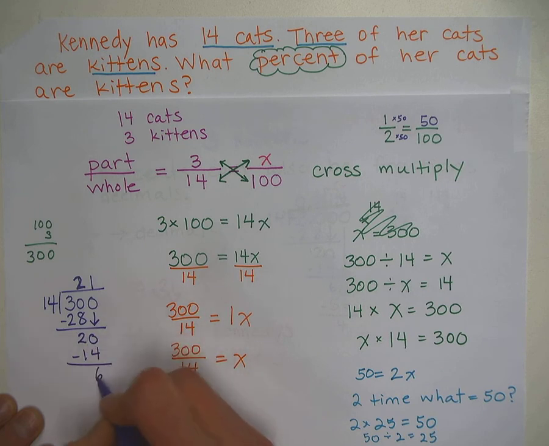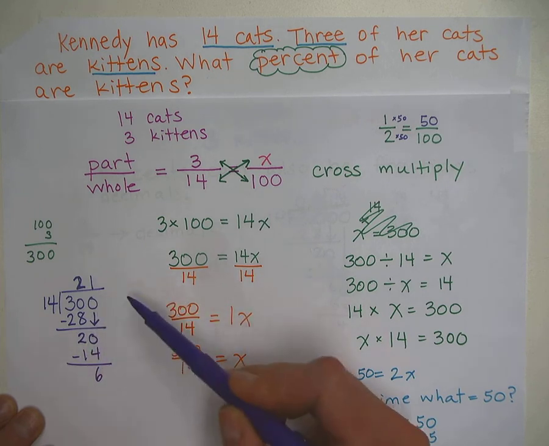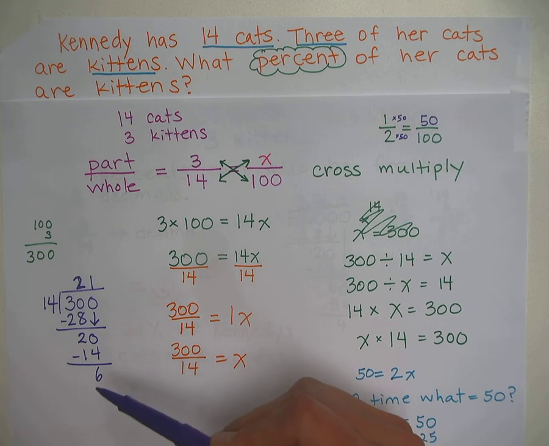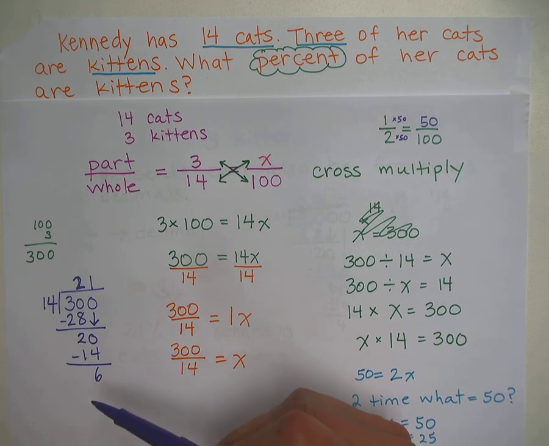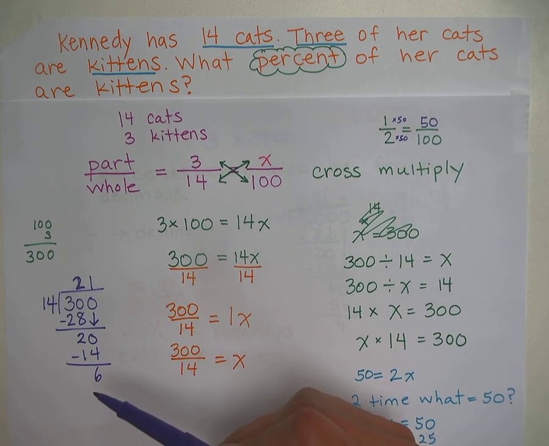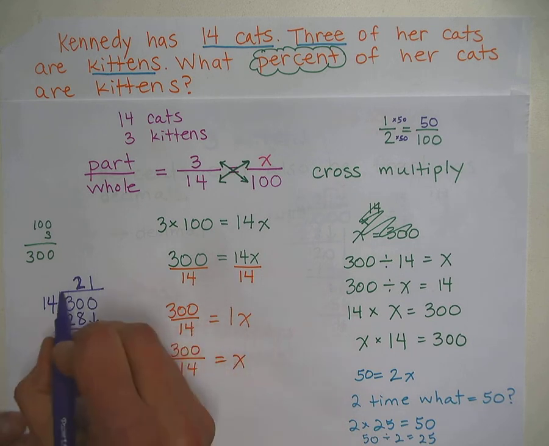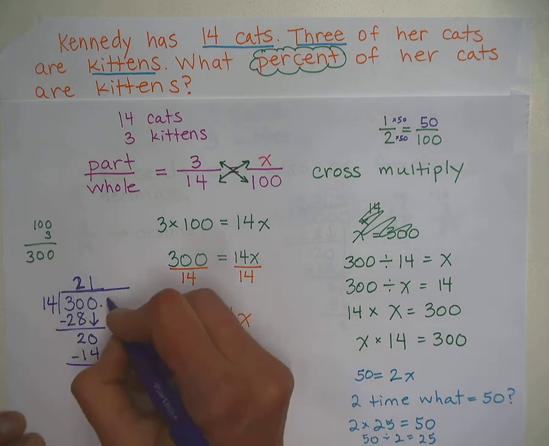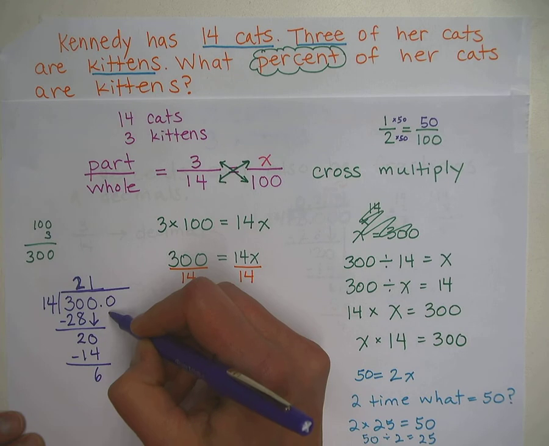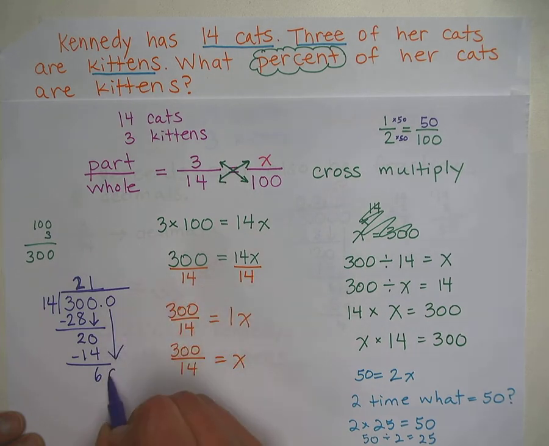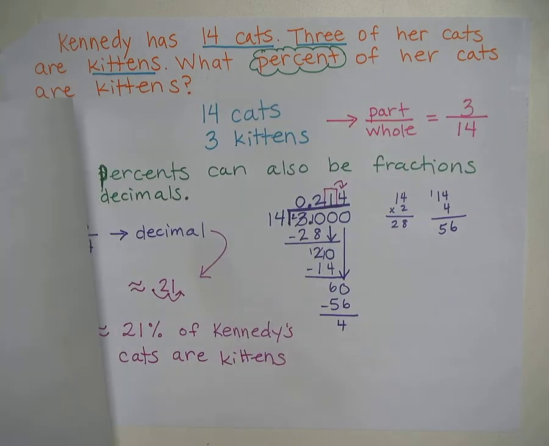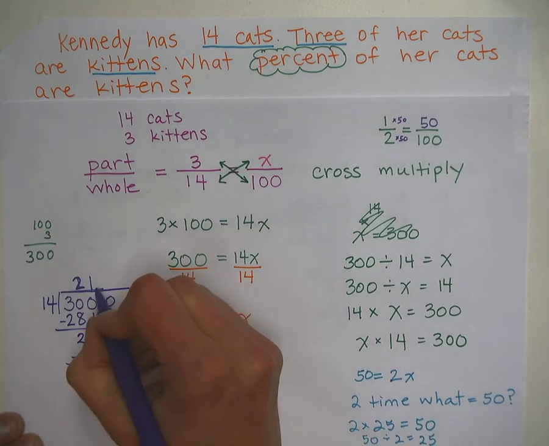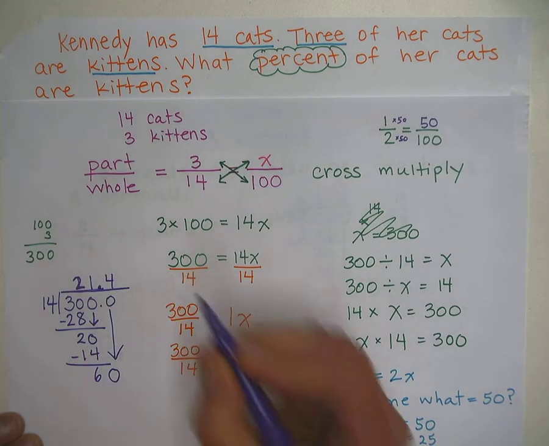And 6. And now I want to keep going because I'm not just going to write that my percent is 21 remainder 6. Nobody writes percents that way. So I'm going to add a decimal like I did before and bring it down. And 14 goes into 60. We decided that on the other page. Yeah, it was 4. So bring your decimal up here, 4.